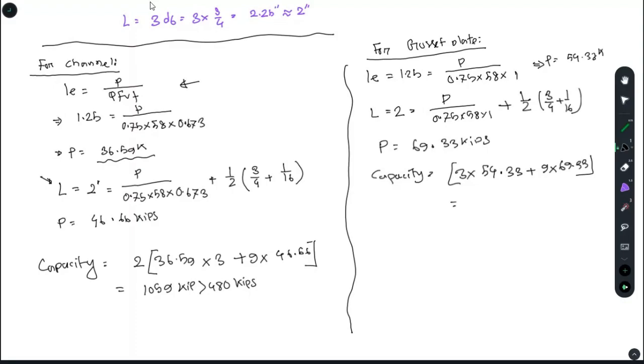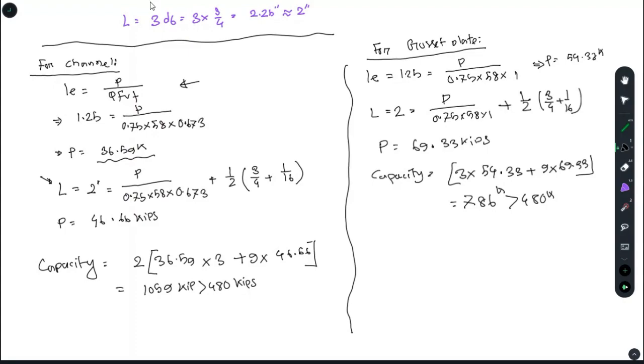Let me calculate. That is 3 multiplied by 54.33 plus 9 multiplied by 69.33. That is 786, which is greater than 480 kips.